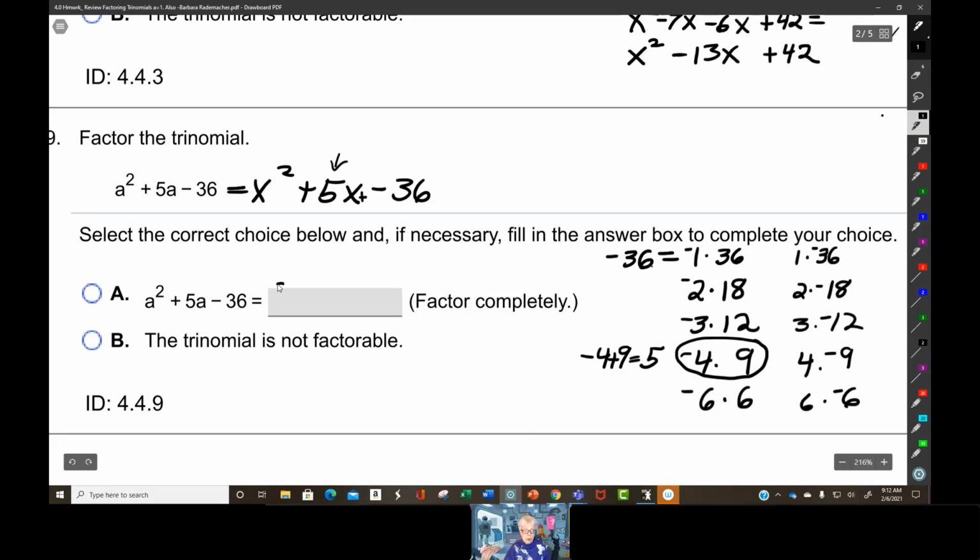All right, so all I do is make a couple of parentheses, and I would put an X there, but of course I can't because the original letter is A. Okay. A and A. And then I choose my numbers from over here, minus 4 and plus 9.